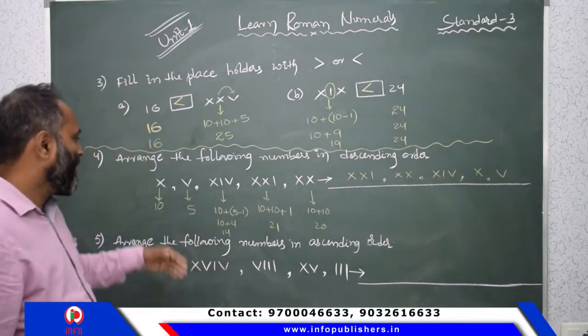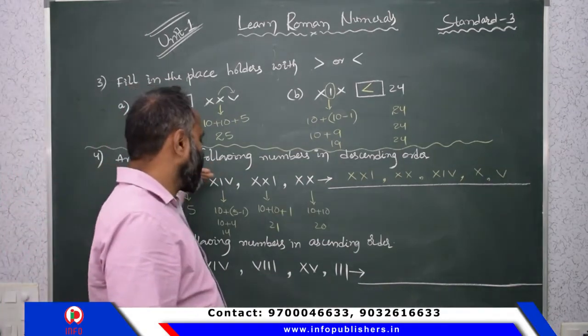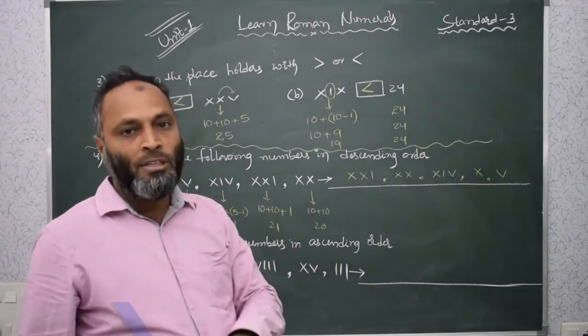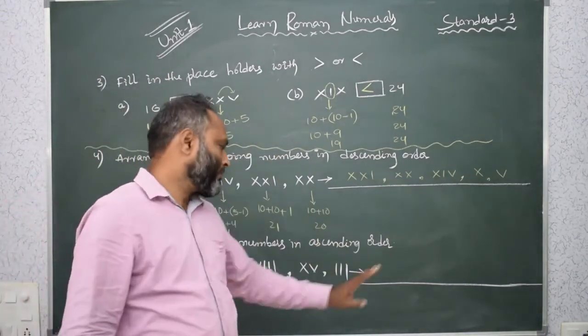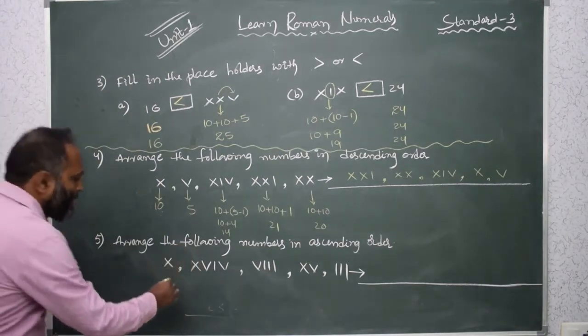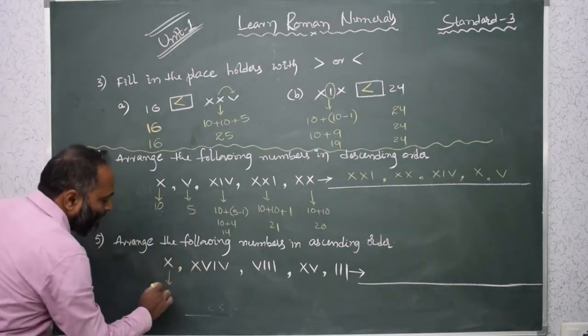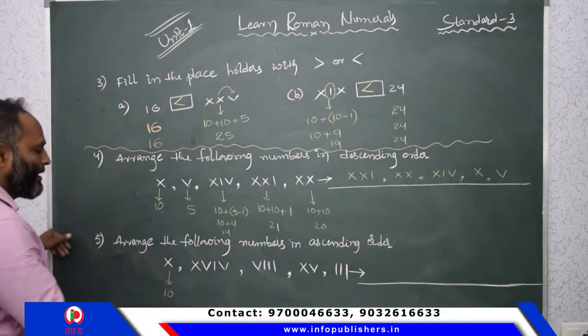In the same way, whatever rules we followed in the fourth question, the same 4 rules we have to follow, and we have to convert Roman numerals into Hindu-Arabic numerals. Then, this is direct, the notation is there, that is 10.